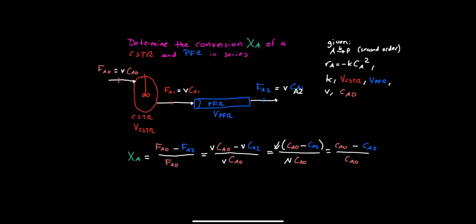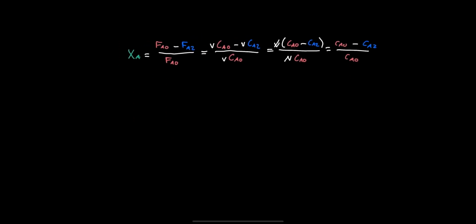So Ca2 is unknown, and we need to write Ca2 as a function of the given information, which is on the upper right side of your screen. Our first step will consist in doing a species balance of species A at our PFR. So let's sketch our PFR here.